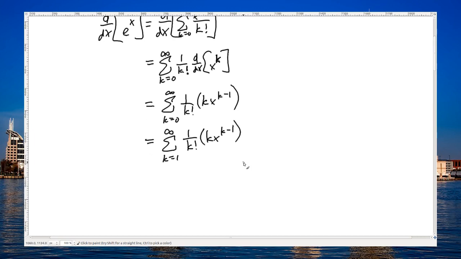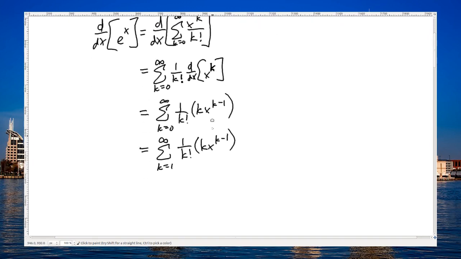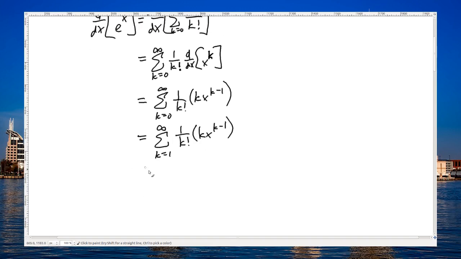Okay, well, what else can I do to make this look more like the original e to the x? Well, the next thing I can notice is that I can reindex. I could just take k is equal to 0, and what I'm doing here is I'm reducing the number I'm plugging in by 1, which means I need to add 1 to all my k's on the inside.